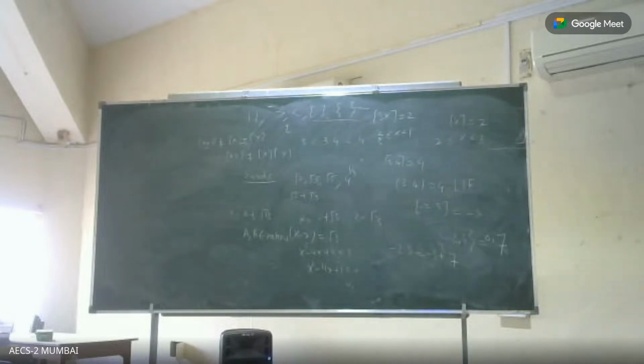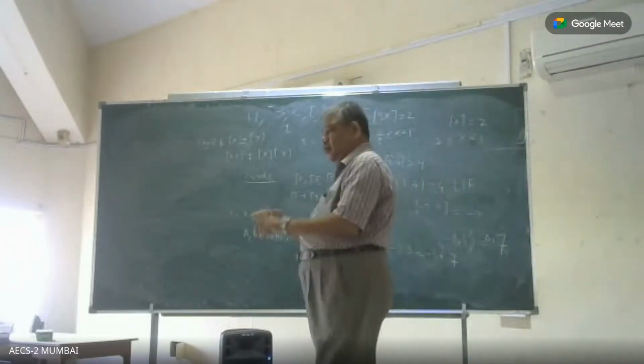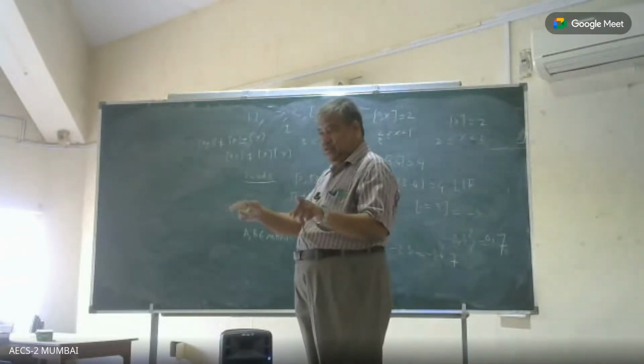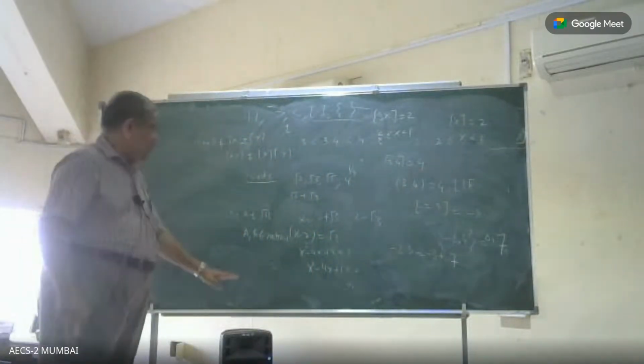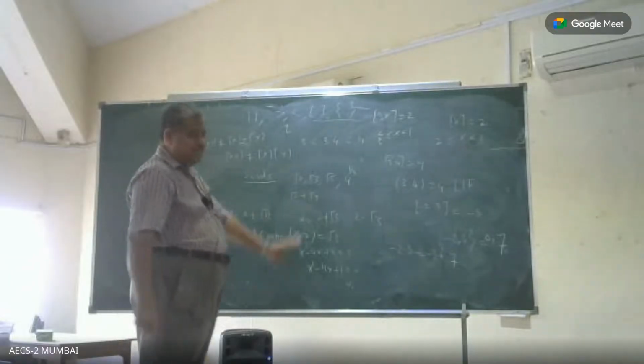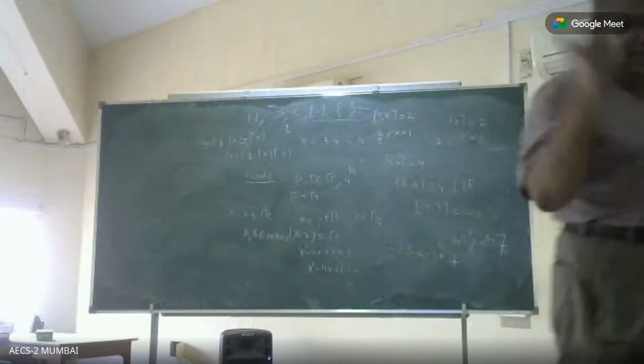And why is root 2 plus root 3 not a quadratic surd? Can you tell me? We cannot construct a quadratic equation whose one root is this and which has integer coefficients. To understand better, can you construct a polynomial equation whose one root is this and the coefficients are integers? Yeah, you can construct like this.